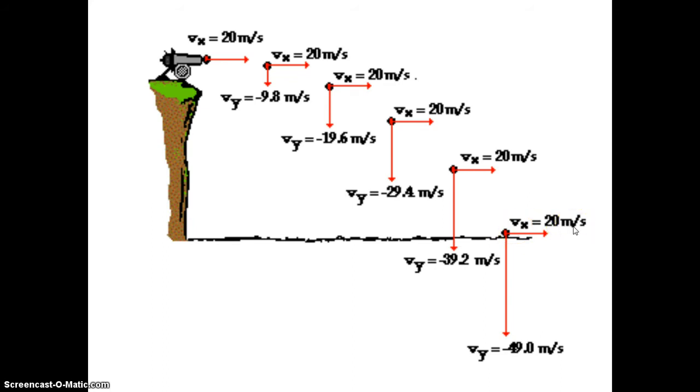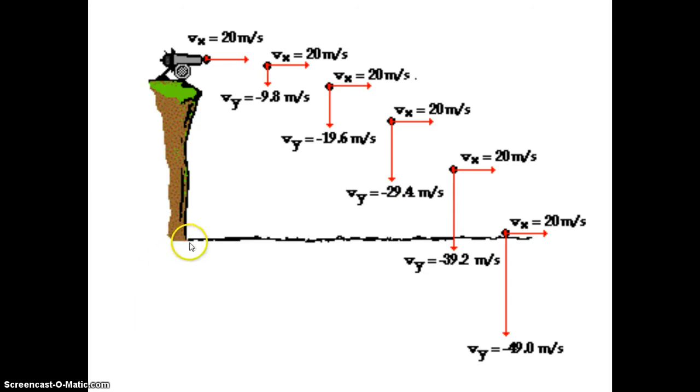In the vertical motion, however, or the vertical velocity of the object, we start off not falling at all, and then 1 second later, we're moving at negative 9.8 meters per second. A second after that, we're going negative 19.6 meters per second. And a second after that, we're going 9.8 meters per second faster than the previous second, and that motion continues all the way down.